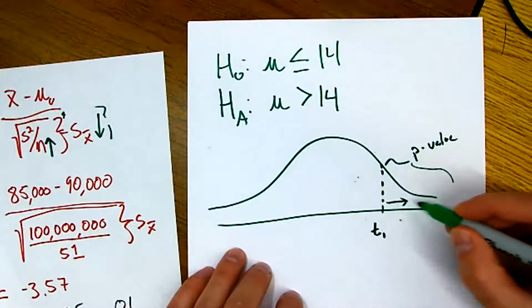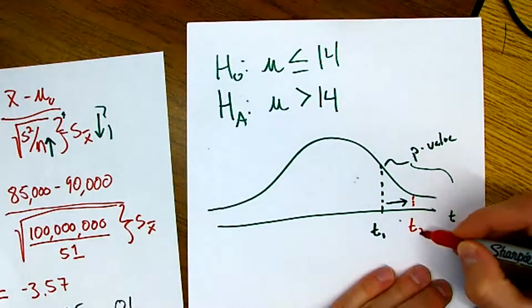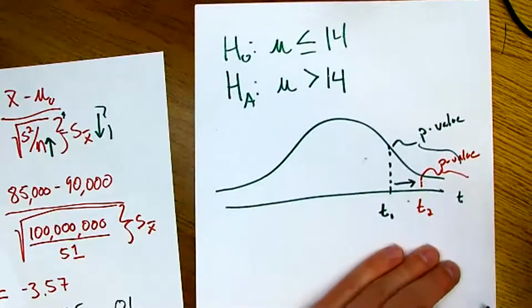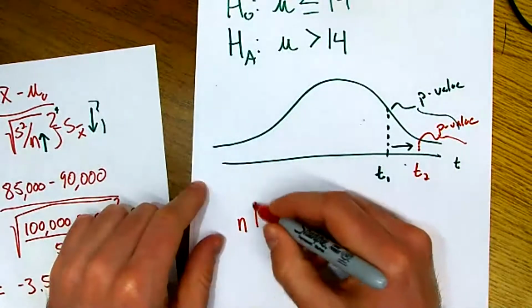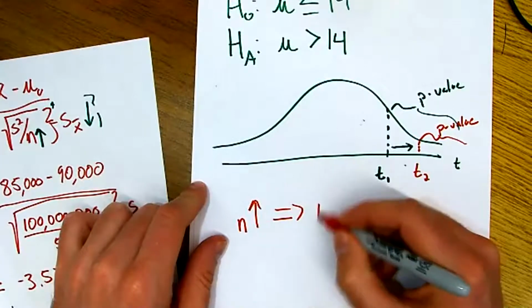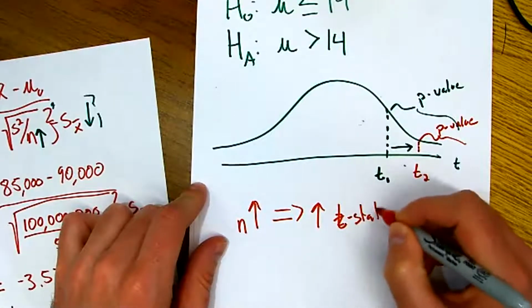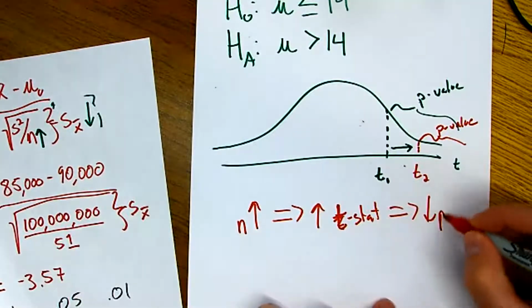If my test statistic gets larger, call this T2, well, notice my p-value is going to get smaller, right? So a byproduct of increasing my sample size led to a larger test statistic, sorry, this should be a T, which led to a smaller p-value.